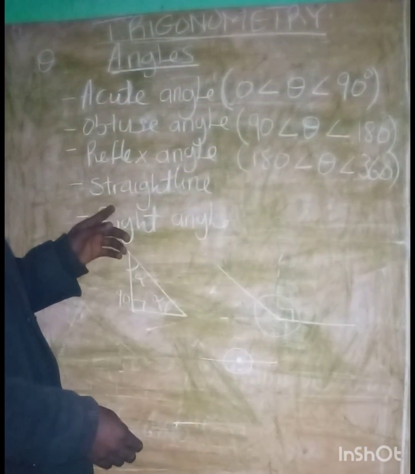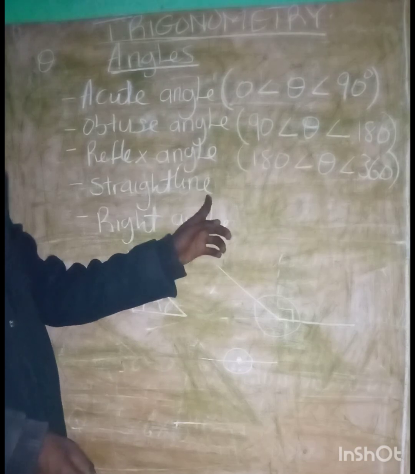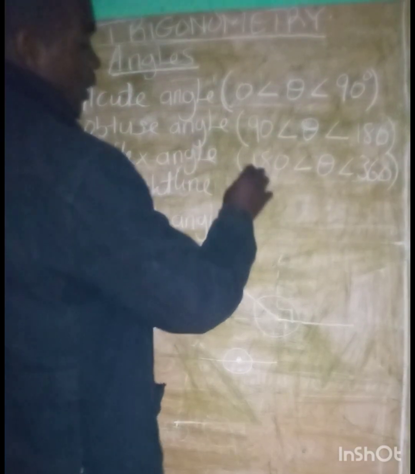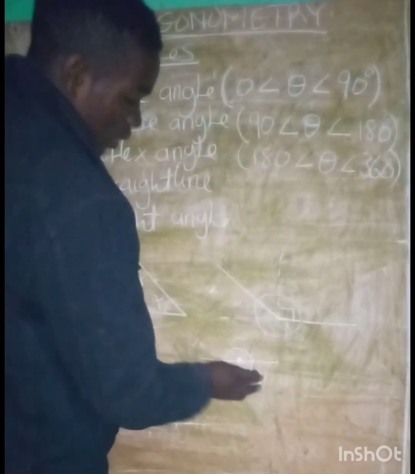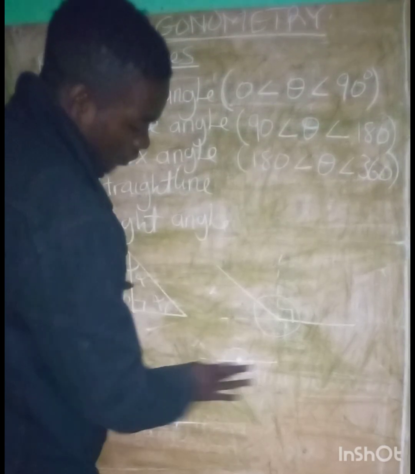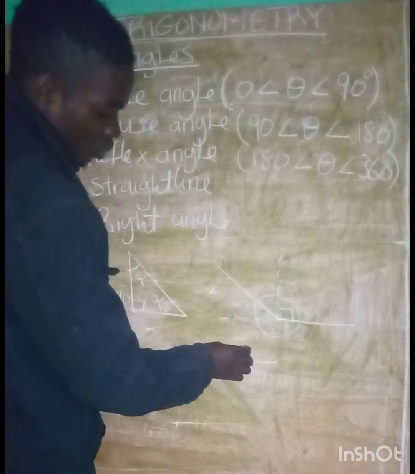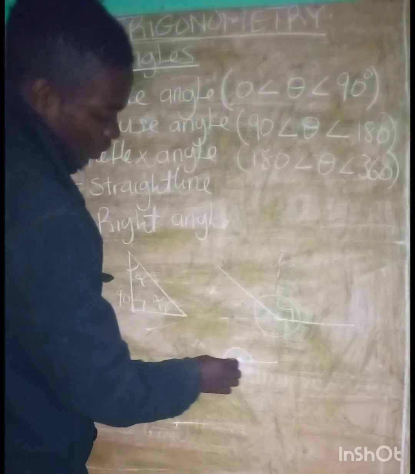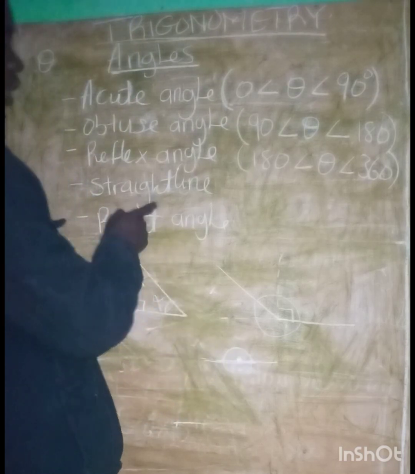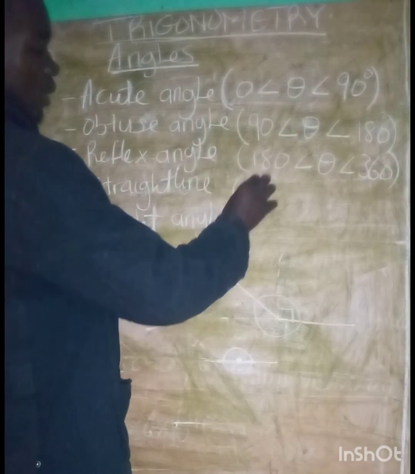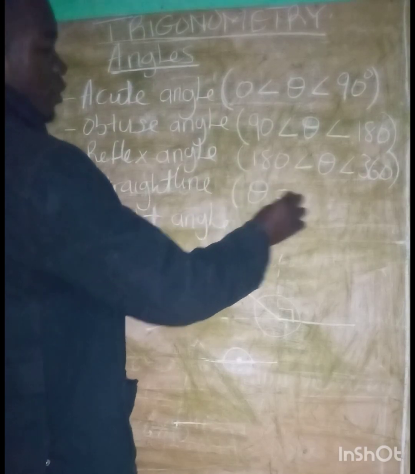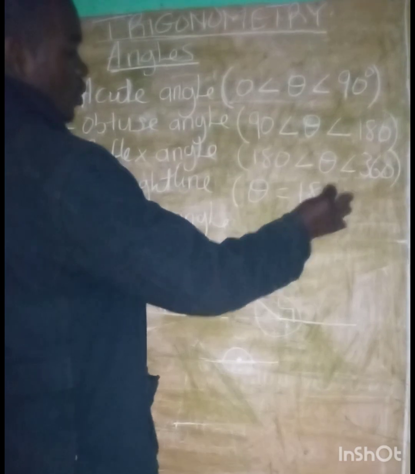Now the straight line angle. Let's assume that this is our straight line. The angle that is formed from this point, you travel like this and you arrive at the same point on this plane, is called the straight line angle. And this angle has an exact value: theta is equal to 180 degrees.